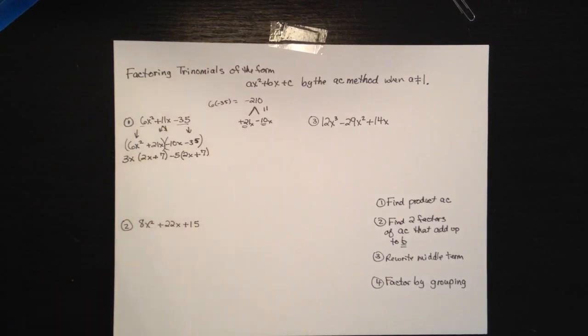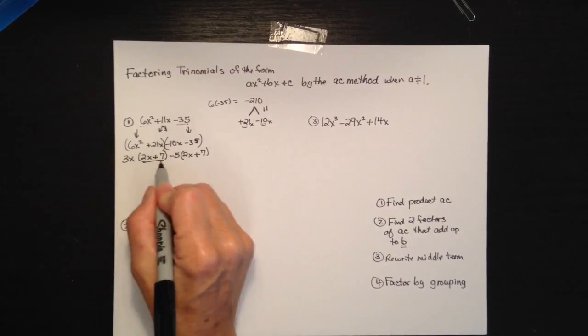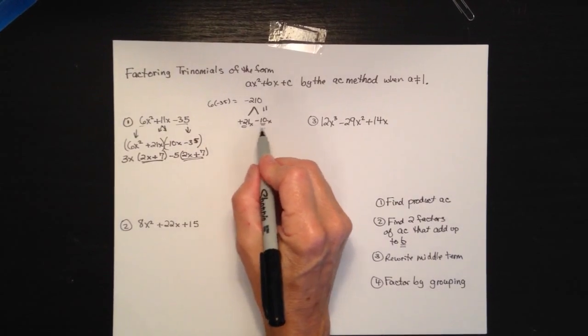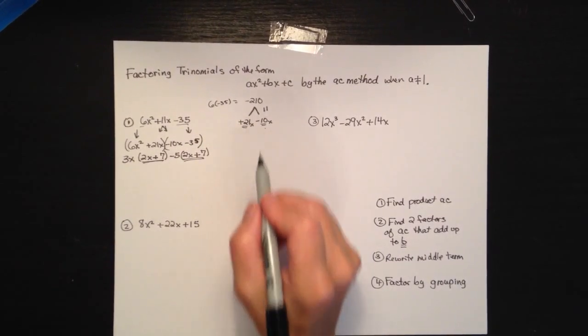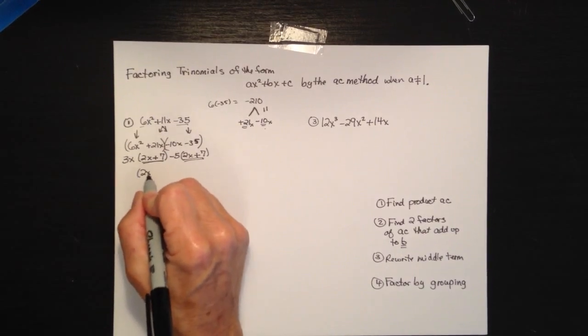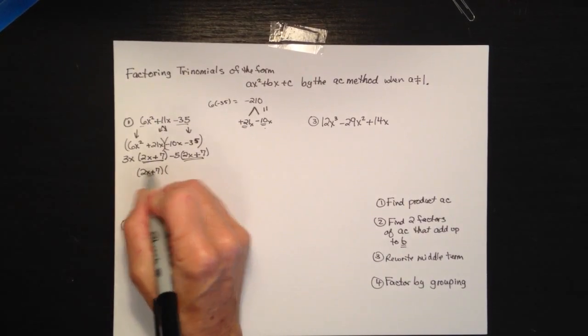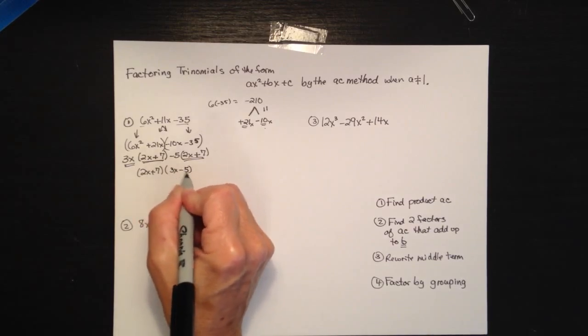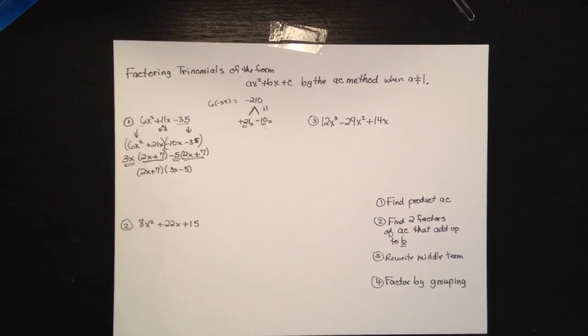When I factor out negative 5 from negative 35, I get positive 7. This is not a coincidence that these two terms match. It's because we picked the right factors, negative 10x and 21x. So now we factor out 2x plus 7, and that leaves us with 3x minus 5. So that's number 1 factored.